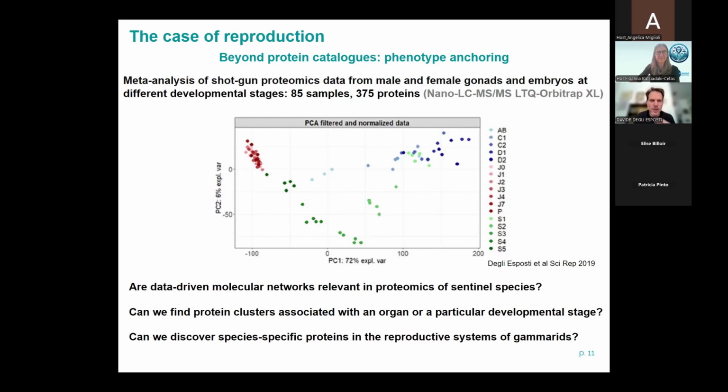And the idea here was to use a data-driven approach based on molecular networks to see if we were able to find protein clusters that were associated with an organ or a particular developmental stage, and if we can use this approach to discover species-specific proteins in the reproductive systems, so to improve somehow the annotation of some proteins of unknown function, as we often see after downloading the annotation.